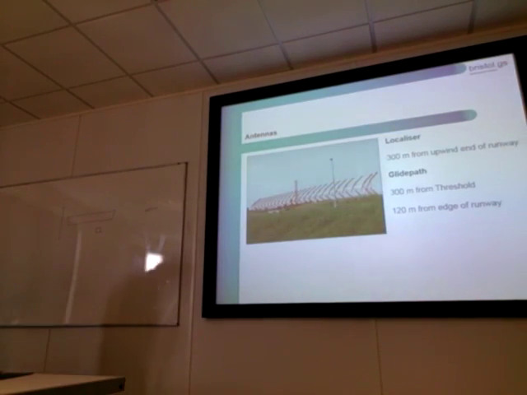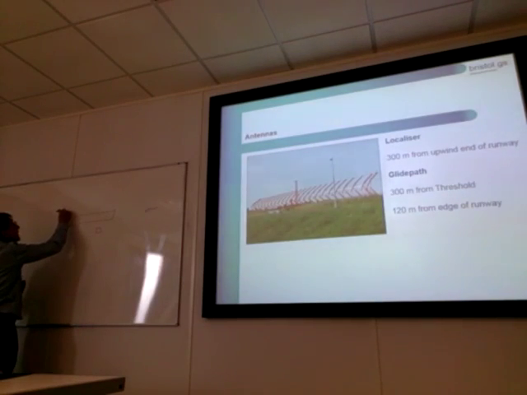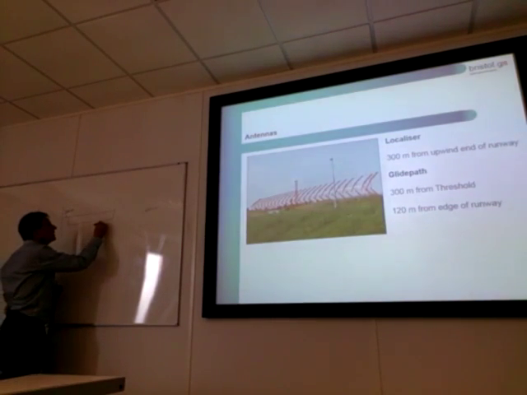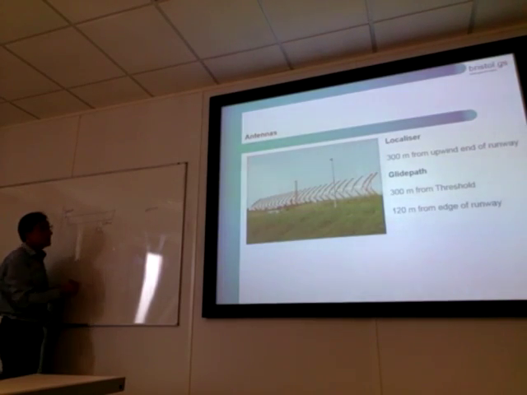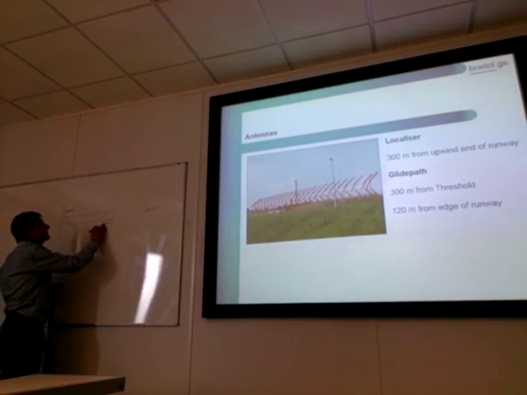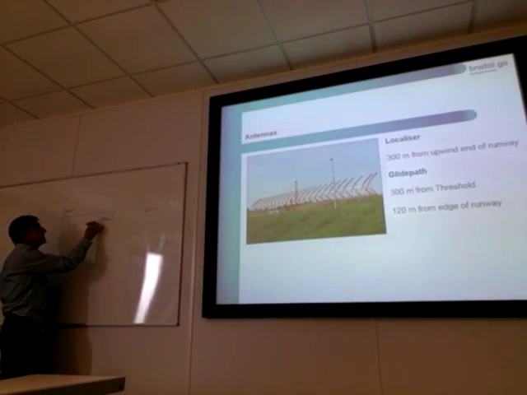And notice that we now have 300 meters in there, and 300 meters in there.